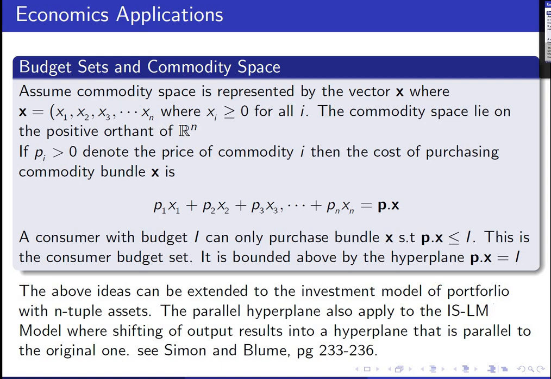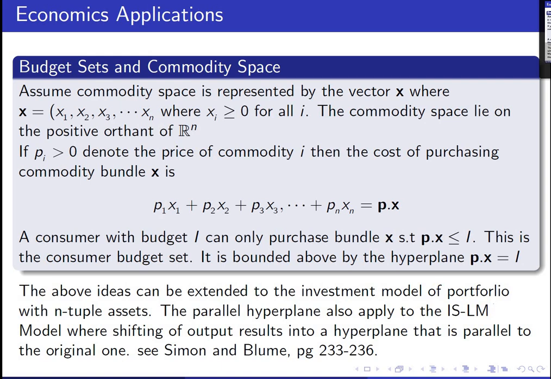Okay, we also go on, for instance, with the IS-LM model, where the parallel hyperplane also applies, where a shift of output results in a hyperplane that is parallel to the original one.